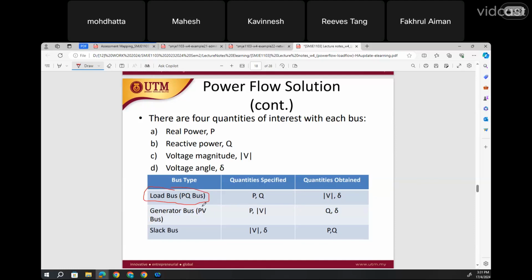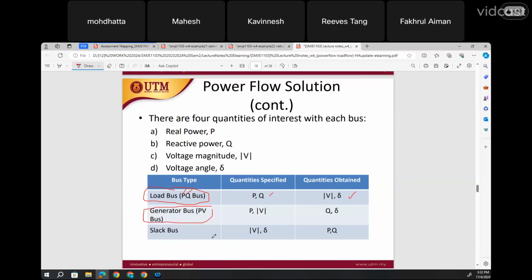For the load bus, we know what our load rating is, so we know our power information. We know P, we know Q. The quantities that are specified are P and Q, and the things that we need to calculate are the voltage magnitude and also the voltage angle, delta.